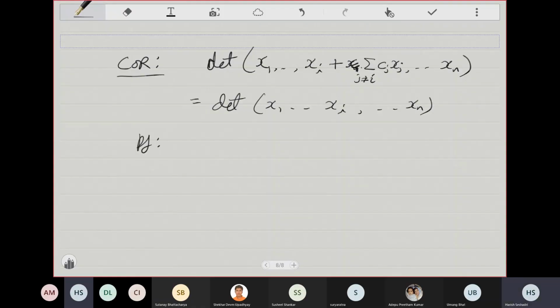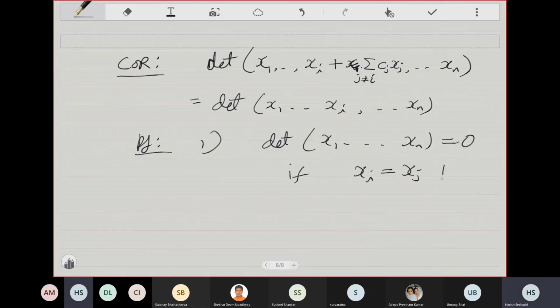And the proof is, first note that det of x1, x2, xn equals 0 if xi equals xj for some i not equal to j.